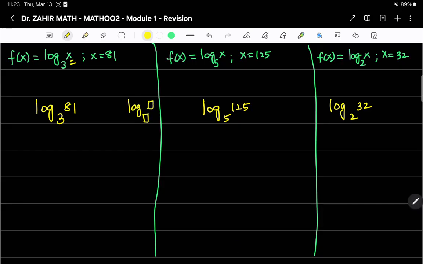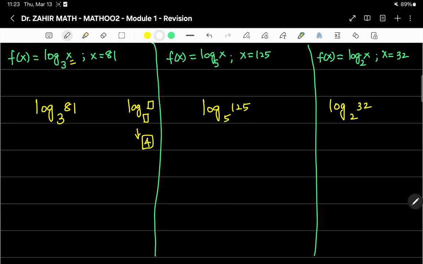If you press this button, then 3, then move the cursor and press 81, immediately you will get the answer 4. But you are not supposed to use the calculator directly. You can use it for checking your answers, but you need steps.